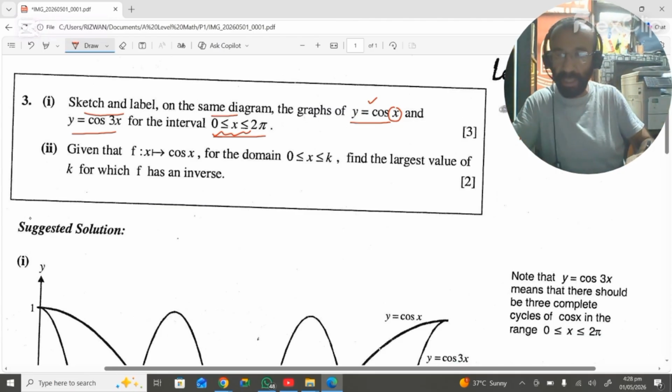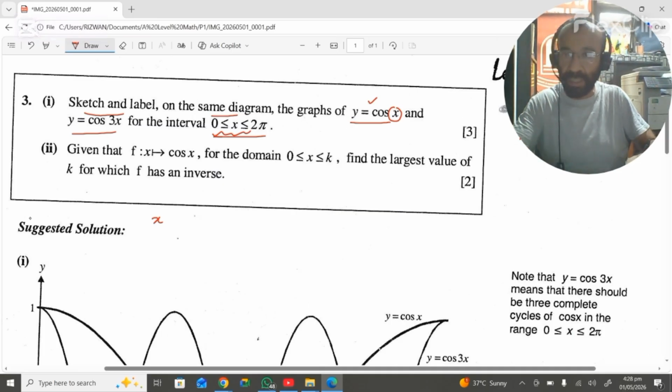So here you can see we are making the table for x for this graph y equals cos x. The first value will definitely be 0, because the interval starts from 0. So 0, then pi by 2, then 2 pi by 2, then 3 pi by 2, and finally 4 pi by 2.